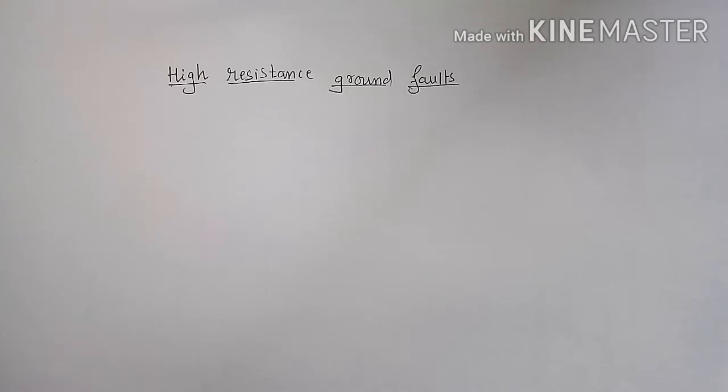Otherwise, such sensitive relays will keep operating for all the ground faults. Because of this reason, the relays used to detect high resistance ground faults are also called as restricted earth fault protection relays.